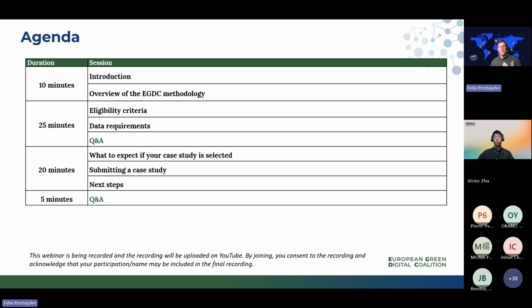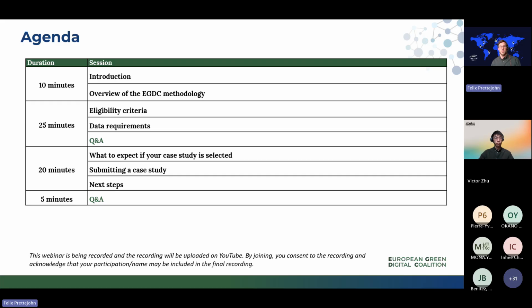So we'll go through an introduction, an overview of the methodology and what avoided emissions calculations mean. We'll then look at the eligibility criteria for submitting a case study and the data requirements for them. And then we'll pause for some questions because that can be quite a lot of information in the first part of the session. And then we'll go back to my presentation on what to expect when the case study is selected.